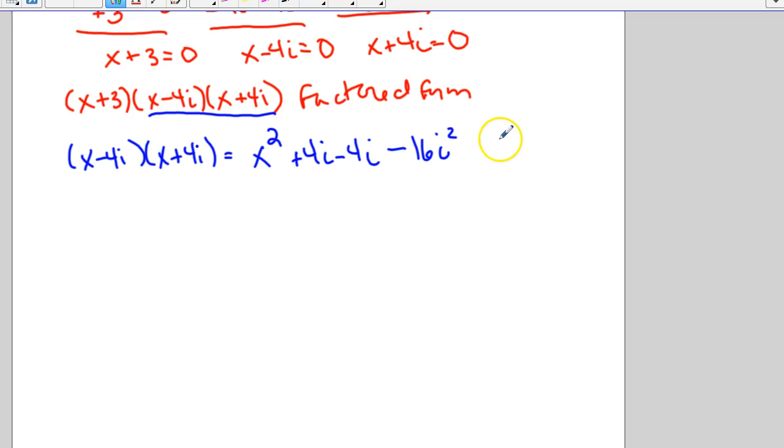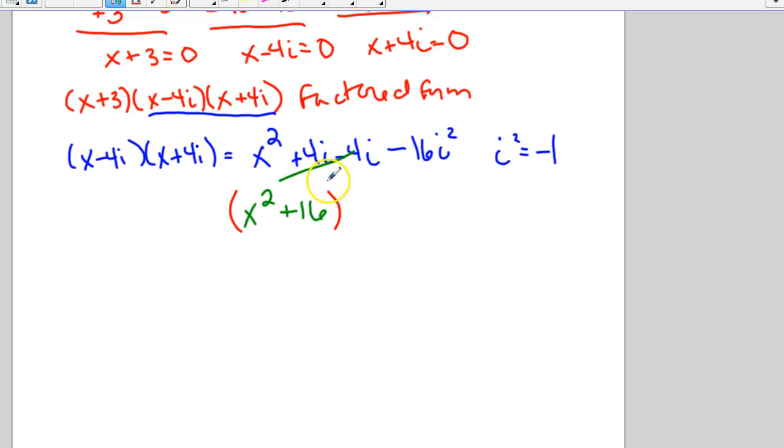Here's a reminder, i squared equals negative 1. These combine like terms to go to 0. I end up with x squared plus 16. So that's why I have you multiply conjugate roots together first, because the i's drop out.